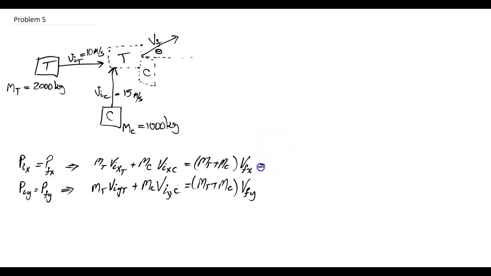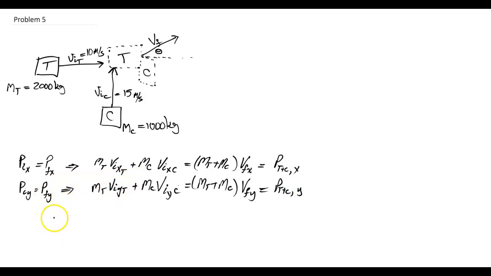Notice that this is the momentum of the truck and the car after collision in the x direction, and this is the momentum of the truck and the car in the y direction.